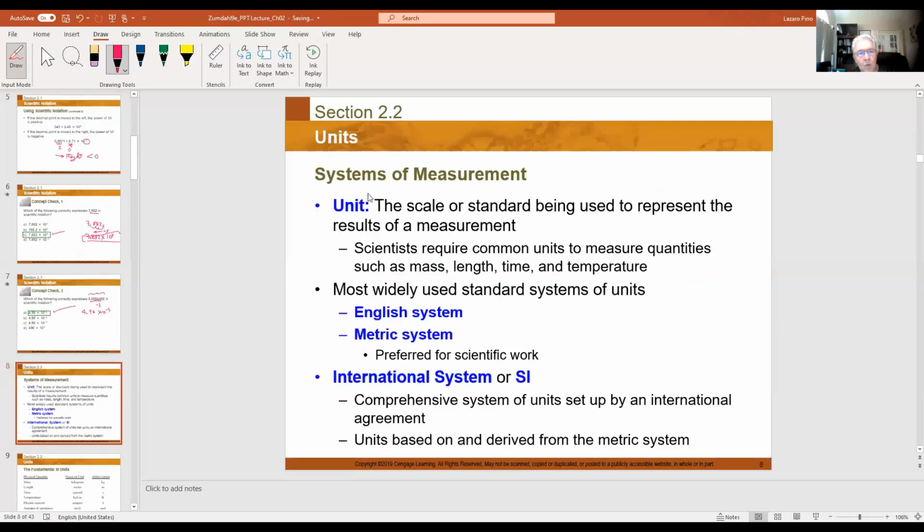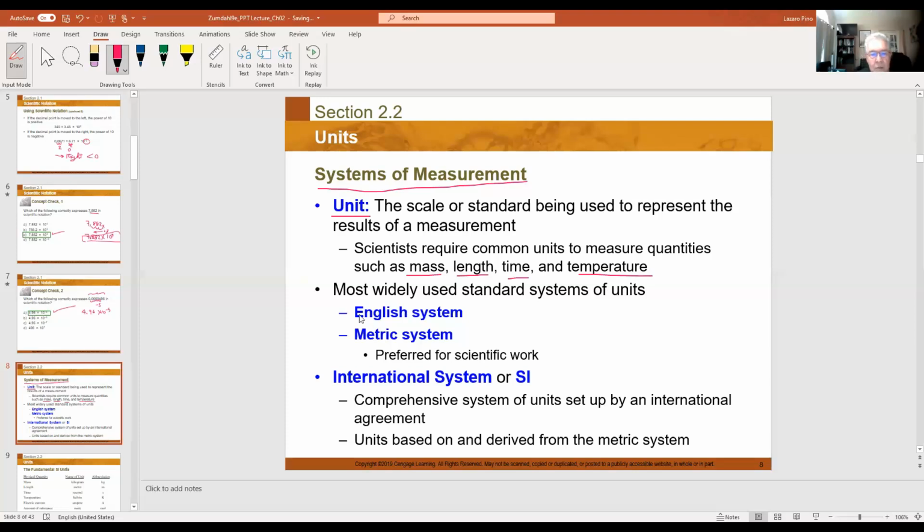Well, what is a system of measurement? First of all, it is a unit, the scale or a standard being used to represent the results of a measurement. Scientists require common units to measure quantities such as mass, length, time, and temperature.